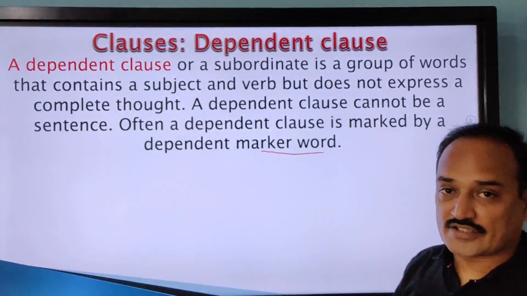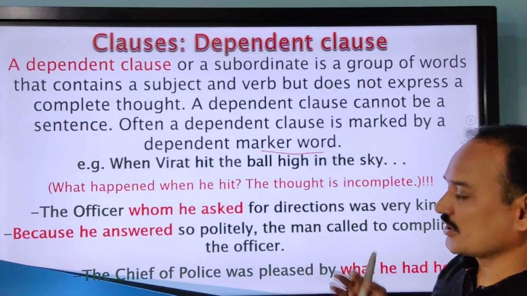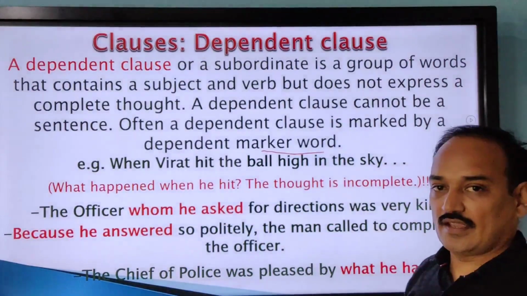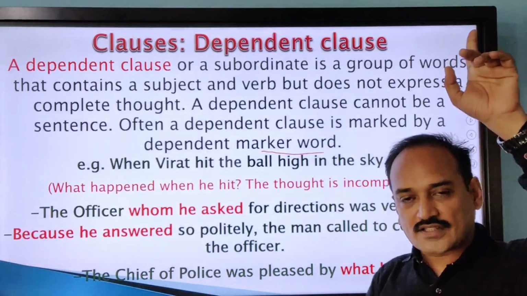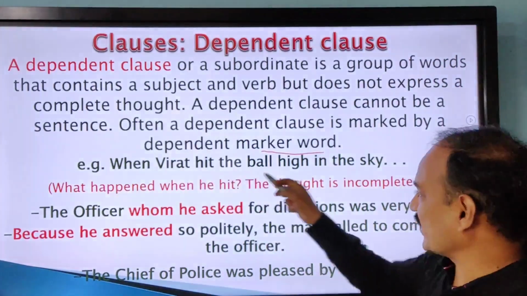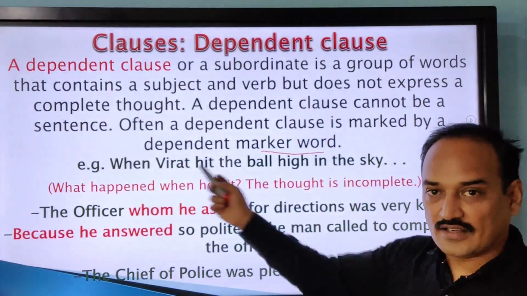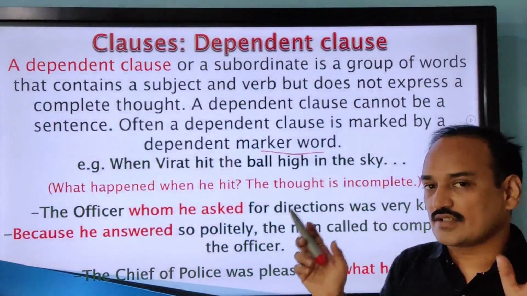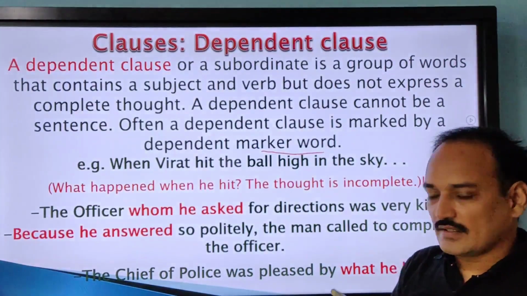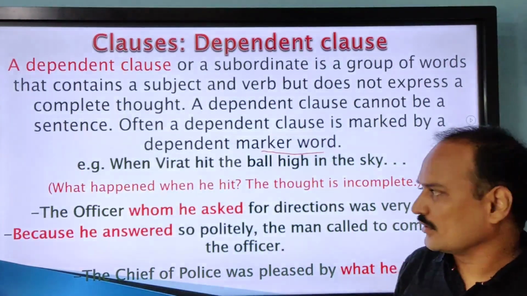Okay, let us take one example. It will make it clear. Suppose the sentence is: when Virat hit the ball high in the sky. Then what? Just by listening to this line, the thing is not clear. We get something incomplete.